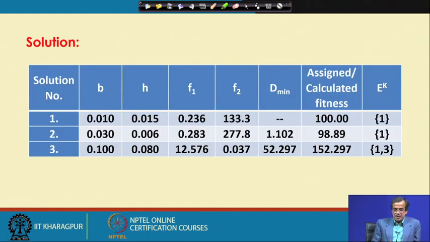Now, if we remember, we start with a population of solutions, and these solutions are generated at random.